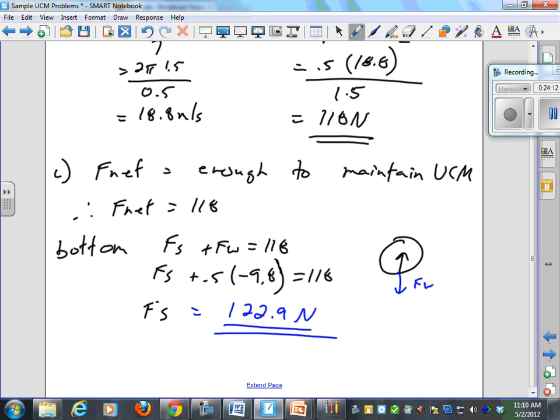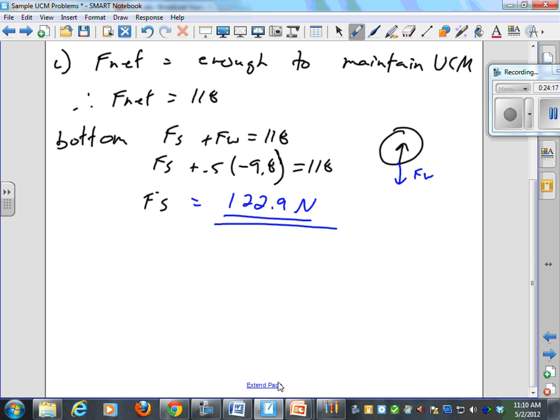Can you do the same steps at the top? Yes. Again, my string force plus my weight force has to equal 118, but which way is the net force at the top? It's down. My 118 is down, so it's negative 118.